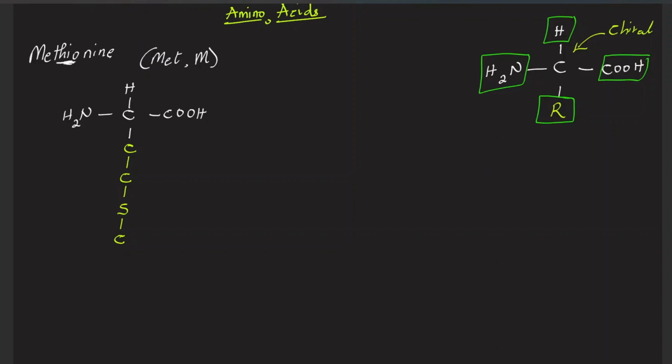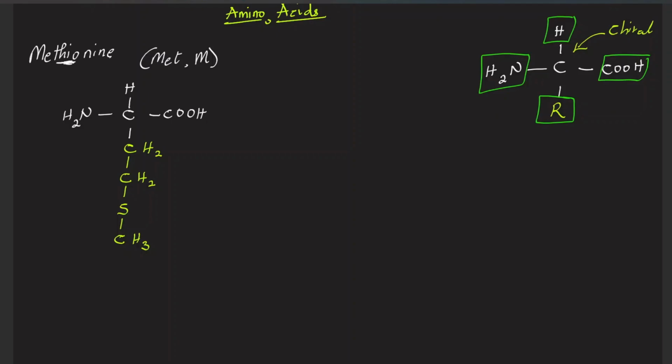And then to fill everything in, this carbon will have 2 hydrogens. The sulfur is attached to 2 groups, that's what it needs, and the last carbon has 3 hydrogens attached to it. So this is the structure of methionine.